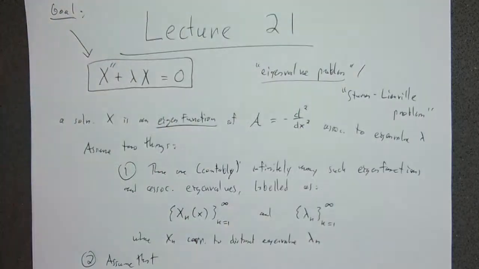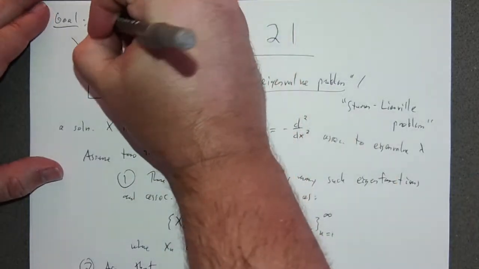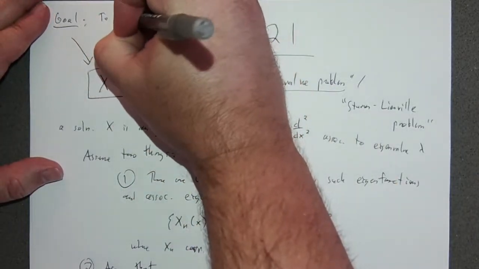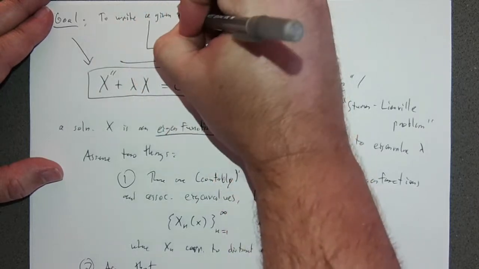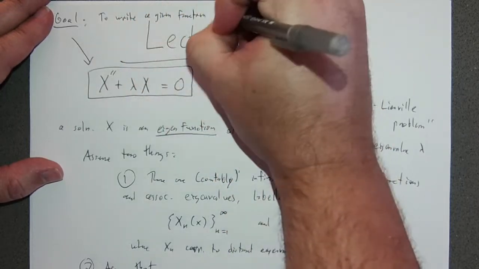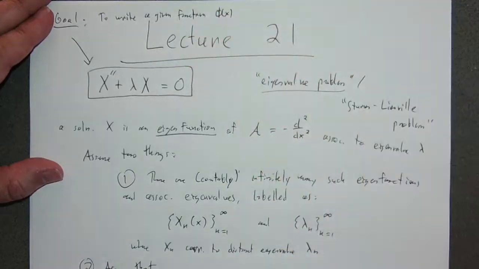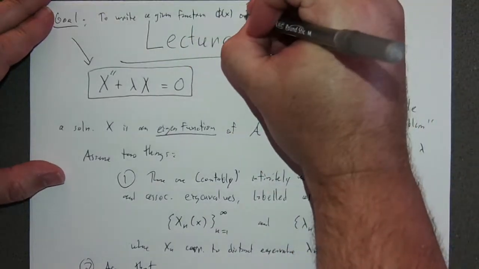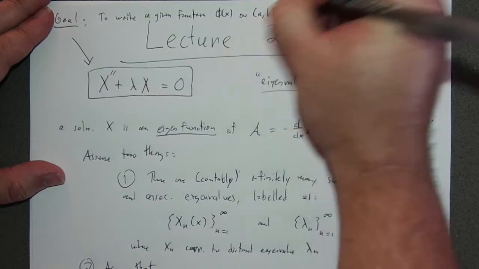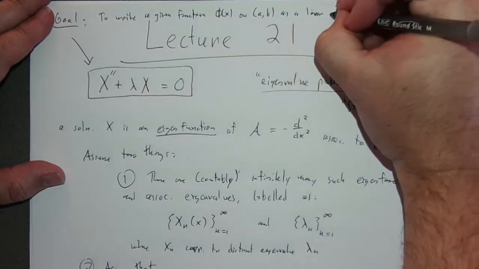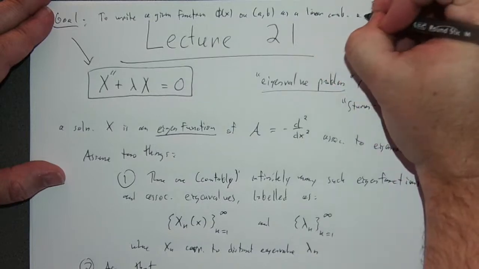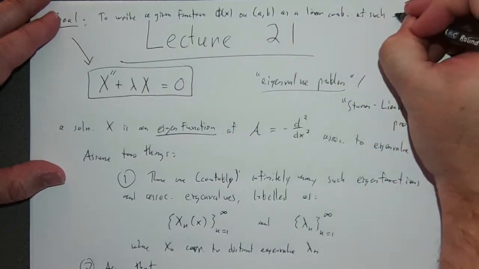The goal of solving this equation is to write a given function phi of x on some interval a, b as a linear combination of such eigenfunctions.